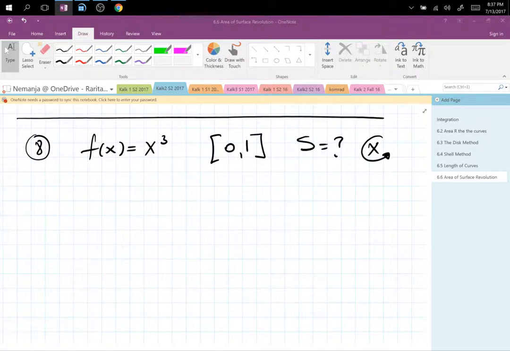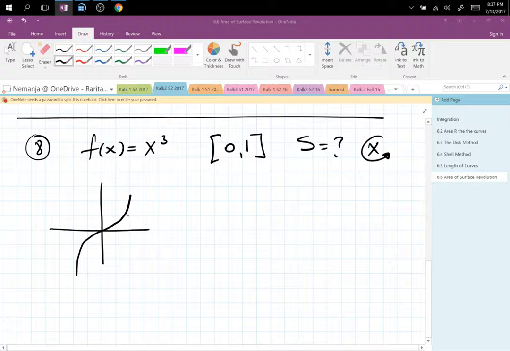Let's go. We have a shape, which is the cubic function. We're only considering the part from 0 to 1, which will be rotated around the x-axis, which looks like this.